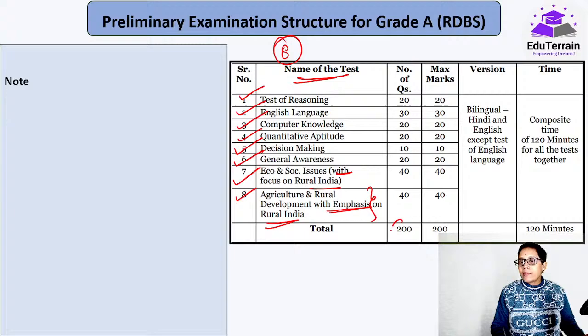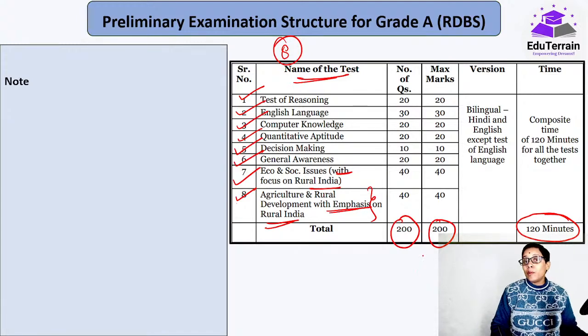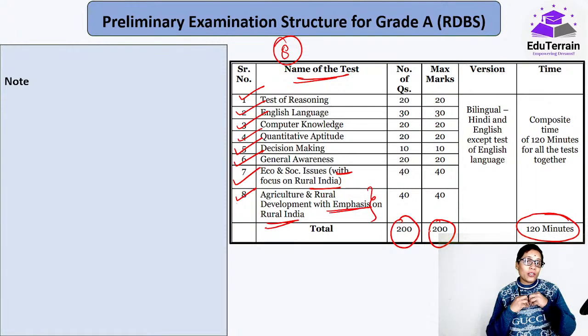Now, total marks, as I've said, is 200 marks, so it's 200 questions, 200 marks, and you'll be given a composite time of 120 minutes. This is also one of the beauties of the NABARD examination, unlike RBI where you'll have sectional timings. Whatever I have prepared is based on the notification from 2023.